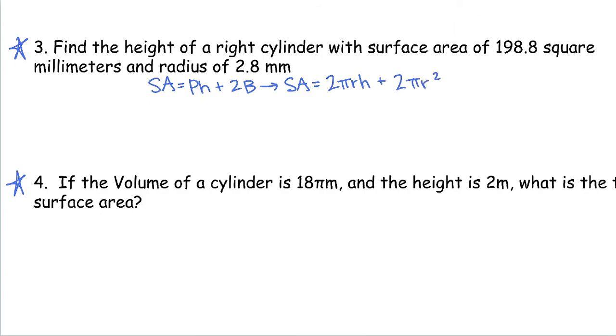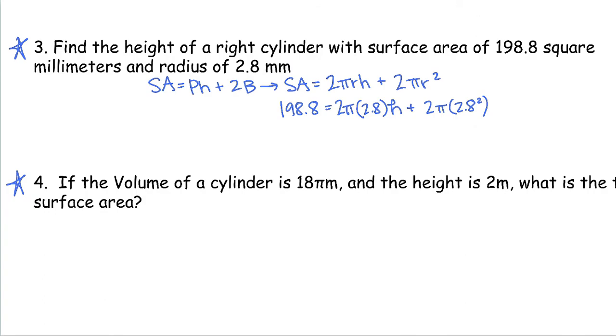And now we're just going to plug in what we know. So we know our surface area of 198.8, and we know our radius, and we're trying to find the height. So 2π times a radius of 2.8 times the height plus 2π times, make sure to put this in parentheses, 2.8 squared.